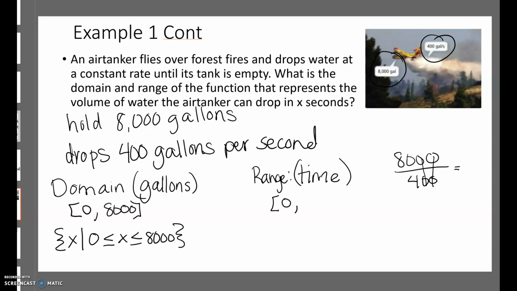So you can use a calculator, or you can do 80 divided by 4, which would be 20. So the max time it can drop is 20 seconds. And so again, we would just say y is an element of 0 to 20.